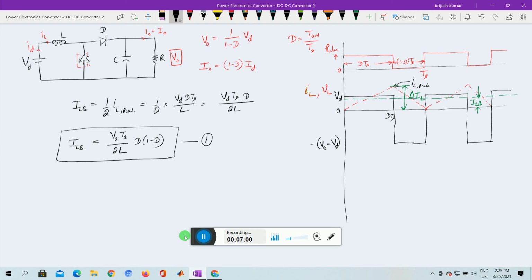So what could be the maximum value of this inductor current? At what value of the duty cycle will we get a maximum value of this inductor current?